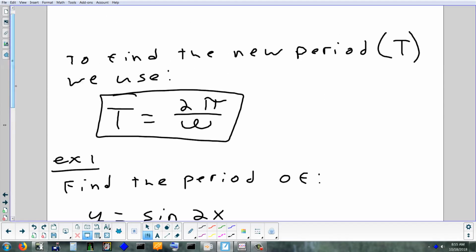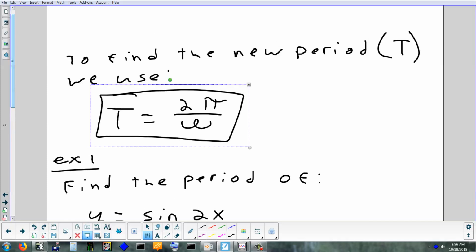All right? So to find the period, the letter our book uses, T, stands for period. You take the original period, which is 2 pi, that's the original width of a cycle, and you divide it by whatever number is in front of x. That's the calculation you need to do to find the period.